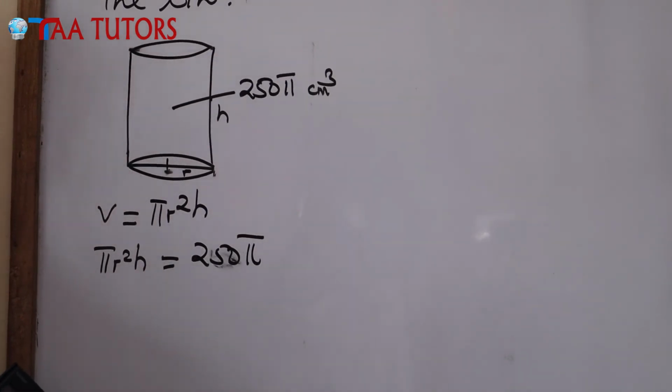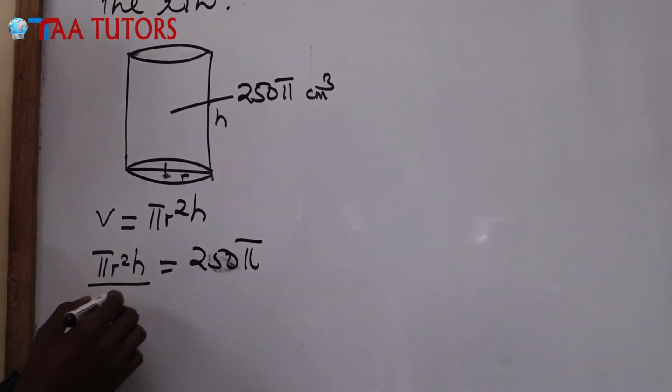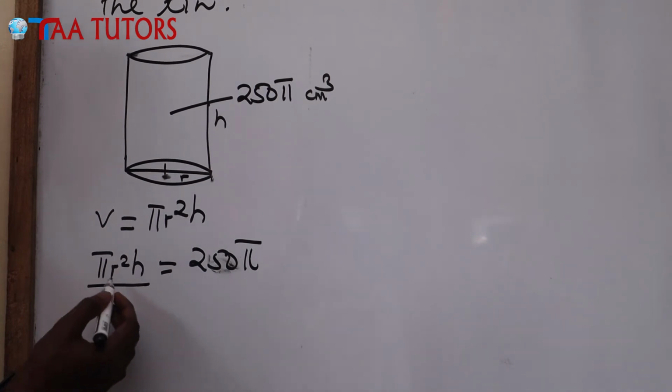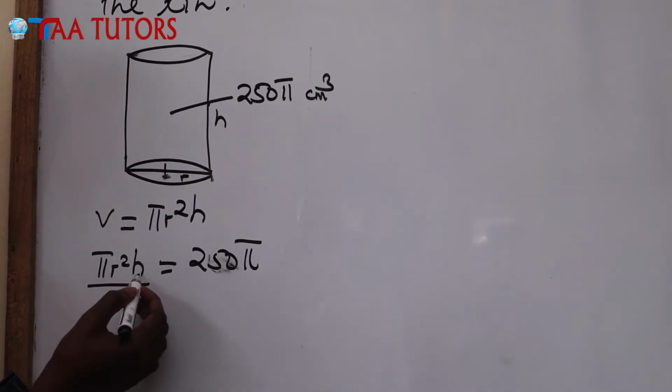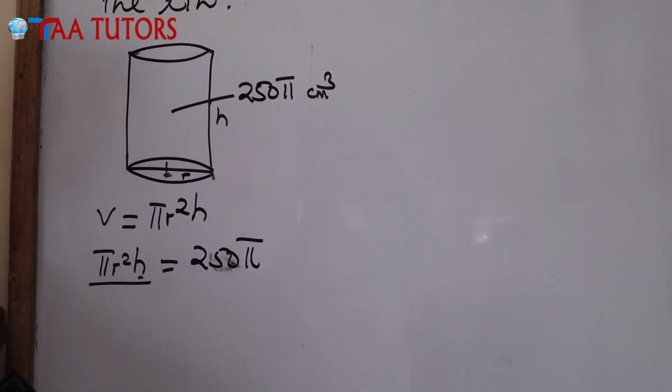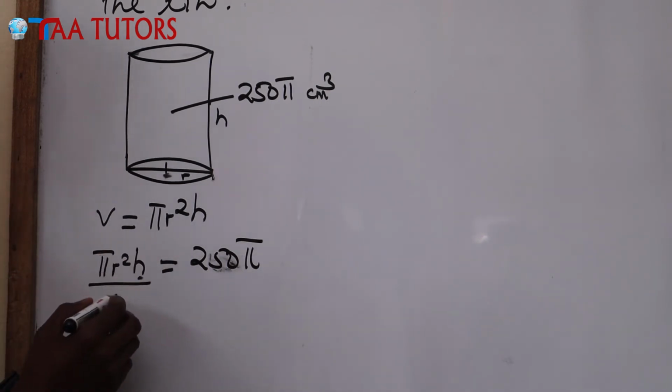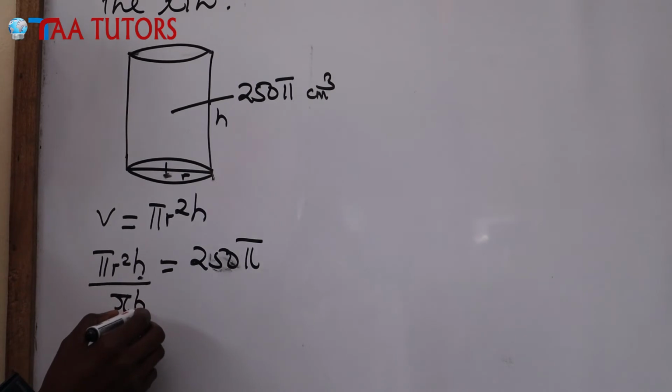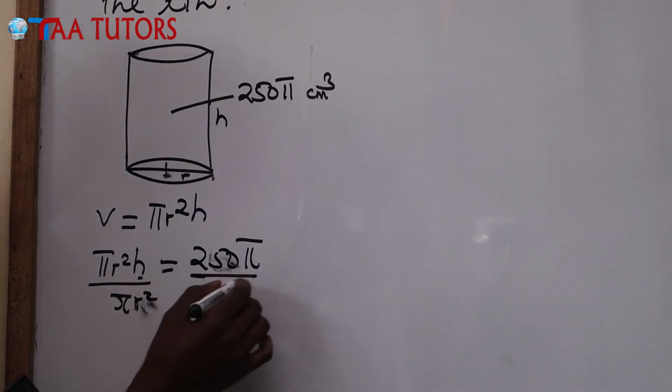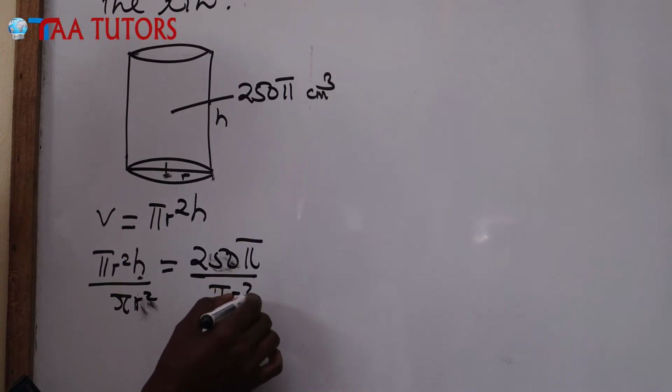Let me make h the subject, because I want to remove h so that I remain with only one unknown, which is r. So I'll divide by pi r squared.